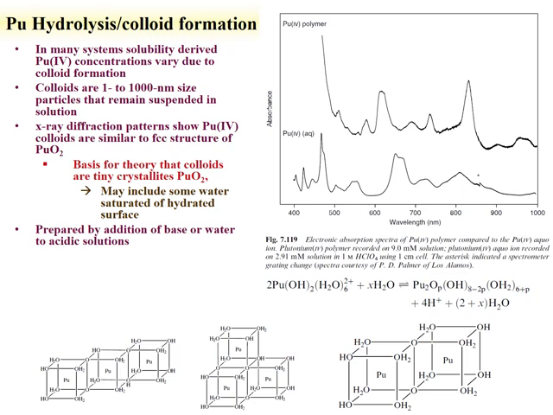So the theory is that they're fundamentally small plutonium dioxide particles in solution. One could think of this as partially hydrated, so the plutonium can be coordinated with oxygen, hydroxide, or water. And you can think of it as going from the aqua species to the hydroxide and oxide species. So there's a kinetic component associated with the formation of colloids.